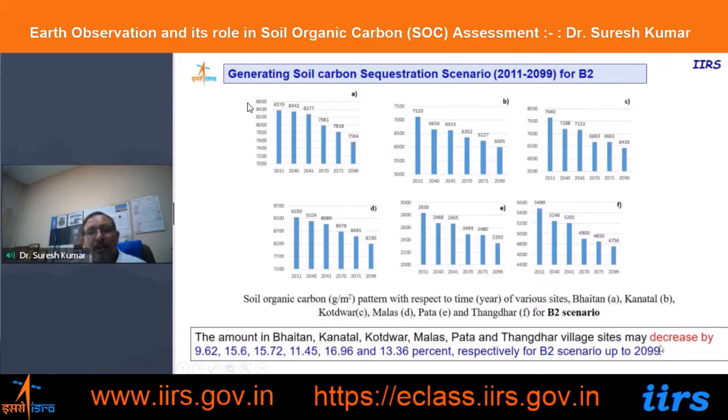In the B2 scenario we also find a decrease in organic carbon content, up to 9 to 16%. So in the A2 scenario more decrease is analyzed, but in the B2 scenario the decrease is less. But in both scenarios, there is definitely going to be a decrease in soil organic carbon potential.